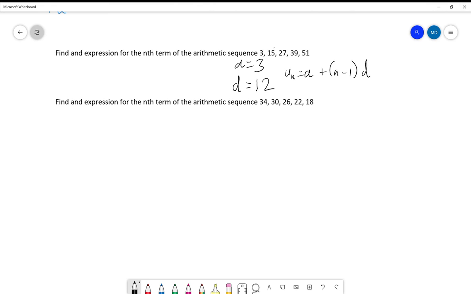But now we know a and d, so we got un is equal to 3 plus 12 lots of n minus 1. And therefore, un is equal to 3 plus 12n minus 12. And so we can write this as un is equal to 12n minus 9.